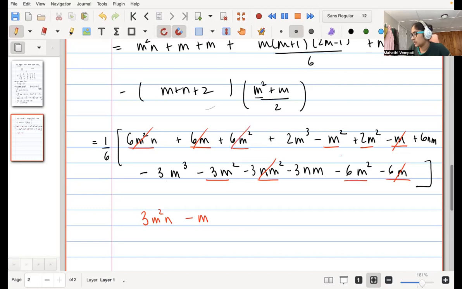So 6 minus 6, 0. 2 minus 4, minus 2m square.